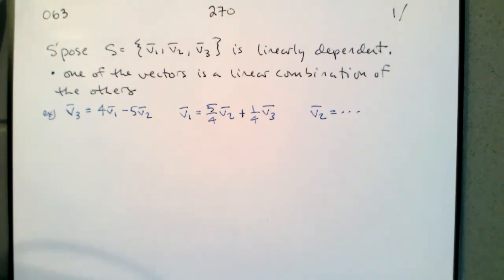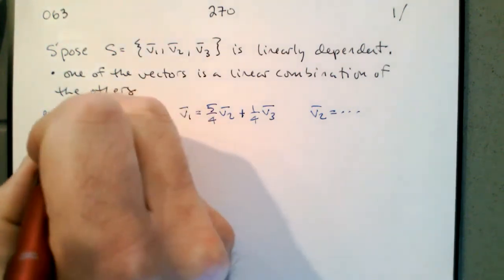So the reason that this is useful is that once we understand that one of the vectors is a linear combination of the others, we can think about getting rid of that vector. So we can get rid of the extra vectors.